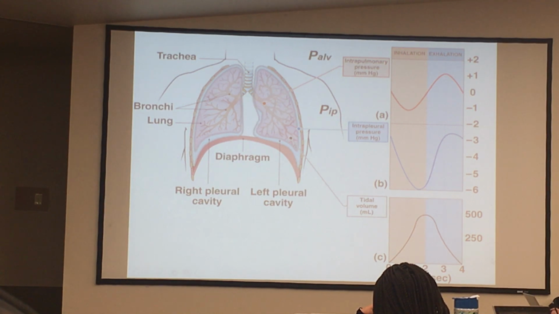And tidal volume means each inhalation, how many ml of air will come in through the nose. Okay, so like a tide over the sea. So we call it tidal volume.